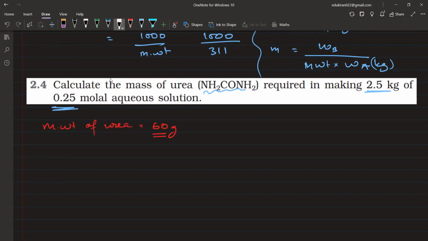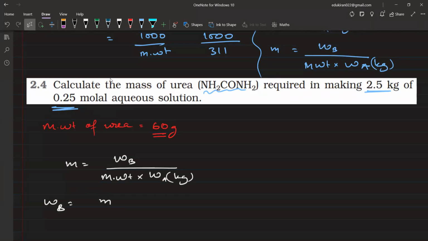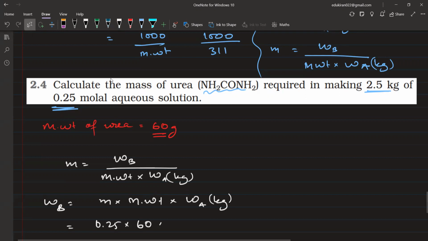Okay, molality is equal to given mass by molar mass into the mass of solvent in kg. So WB is equal to molality into molecular weight into mass of A in kg, equal to how much will it be? Molality is 0.25 into 60 into 2.5.